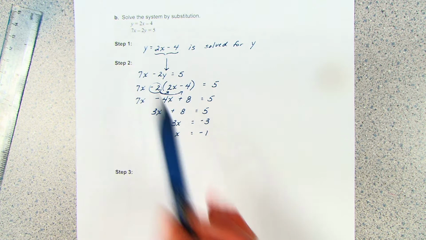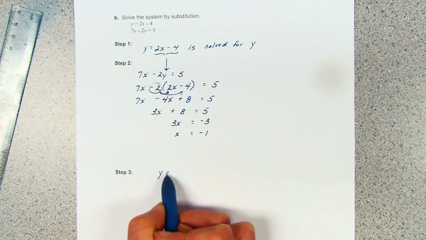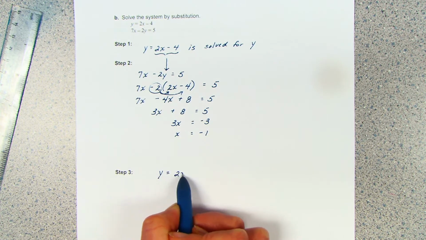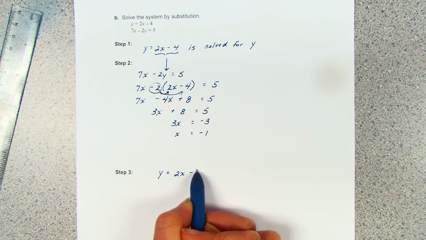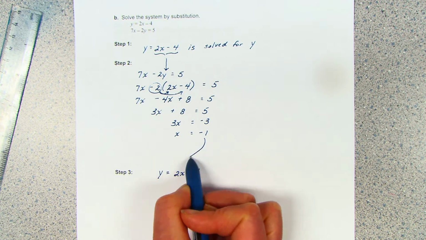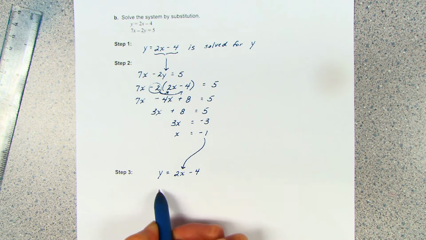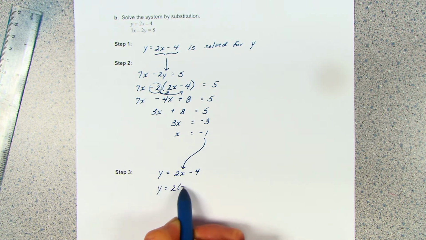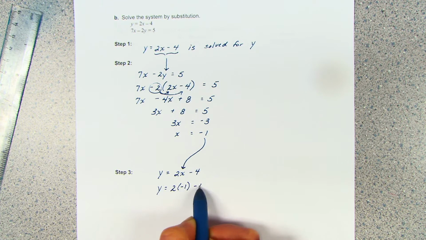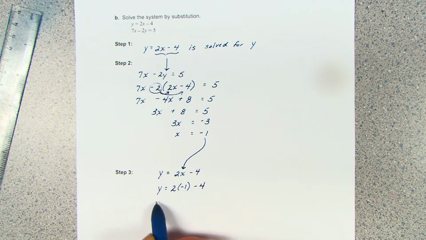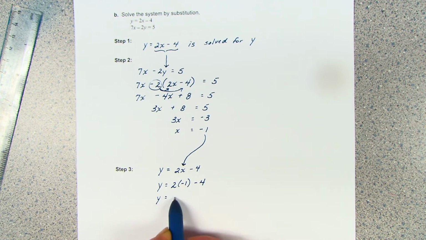But I think I'm going to go back to the other one. So y equals 2x minus 4. I'm going to take that x value and substitute it in. So now y equals negative 2 minus 4. y equals negative 6.